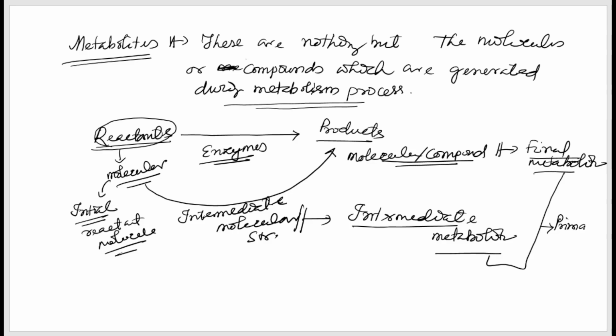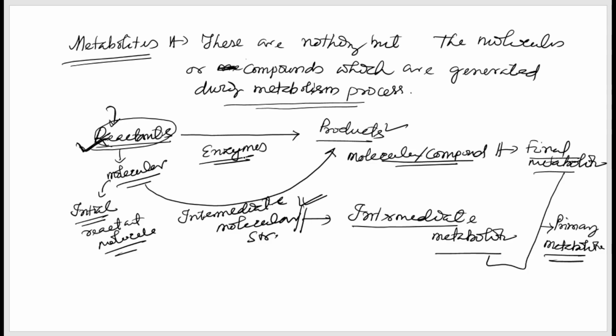Now this intermediate metabolite and final metabolite, these two are considered to be primary metabolites. Why? Because the initial reactants are involved in the metabolism process and generate the products and intermediates in the fast phase.